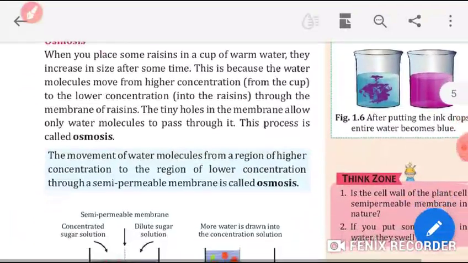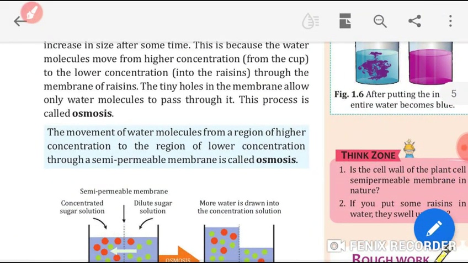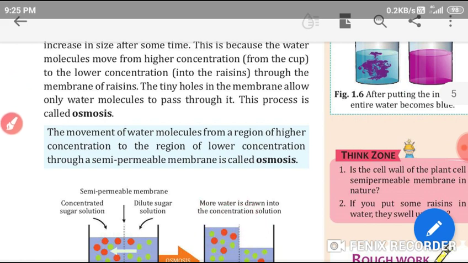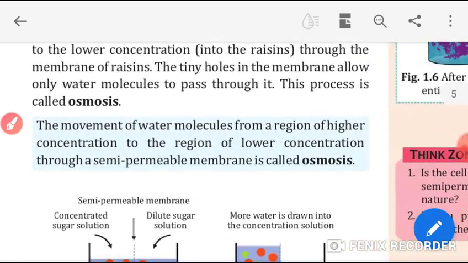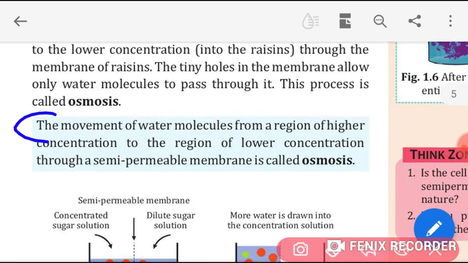In this topic, a blue box is given. In that box, your answer is there. The movement of water molecules from a region of higher concentration to the region of lower concentration through a semi-permeable membrane is called osmosis. Up till here.